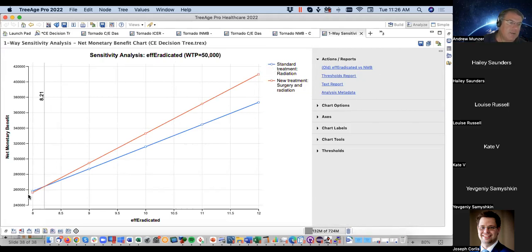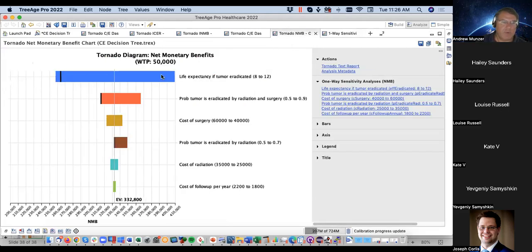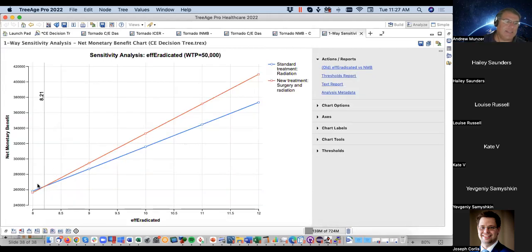But what it's not telling you is that the two strategies are moving together. So it's making it look like this bar is really important, but it's actually not, because it has not an identical impact on the two strategies, but such a similar impact on the two strategies. What's more interesting is this differential versus this differential in the opposite direction, which is the INMB.